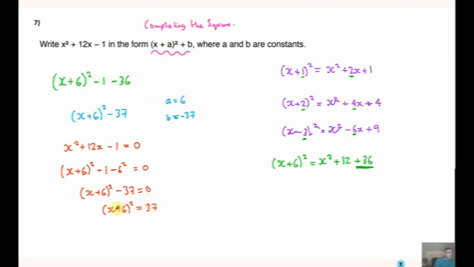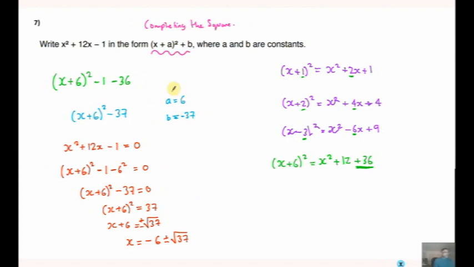Square root both sides to get rid of the squared there. So I'm left with x plus 6 equals the square root of 37, remembering that it can be plus or minus the square root of 37, and then subtract 6, and I can write my answer in the format minus 6 plus or minus root 37.